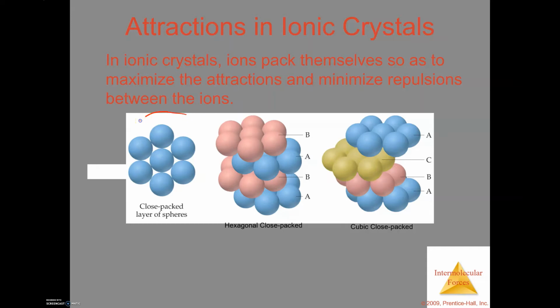If you look at the part that I'm circling here, they arrange themselves in that configuration. No matter what you do, you cannot rearrange those spheres to pack any other way. That is the first layer you find in a crystalline structure, a layer of packed spheres, and we call that a close-packed layer of spheres.